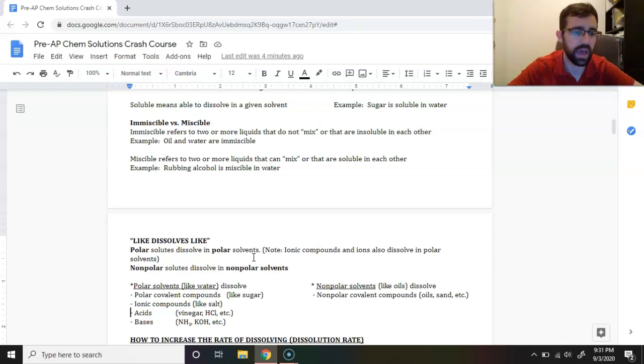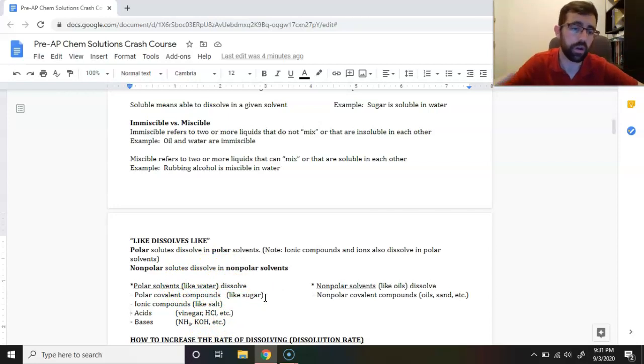Just a recap: polar solvents, like water, will dissolve polar covalent compounds like sugar, ionic compounds like salt, acids like vinegar or hydrochloric acid, bases like NH3, that's ammonia, or potassium hydroxide, and so many others. These are all things that will dissolve in a polar solvent because there's a charge.